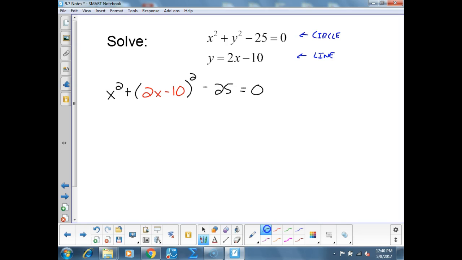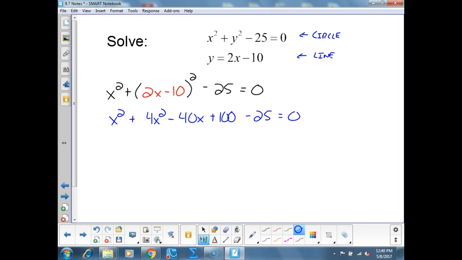So that becomes x squared plus 4x squared minus 40x plus 100, then minus 25 equals 0. Everybody agree with 2x minus 10 being 4x squared minus 40x plus 100? Quick way, when you're squaring, remember, square the first one, multiply them together, then multiply by 2, gets you the middle one, square the last one.